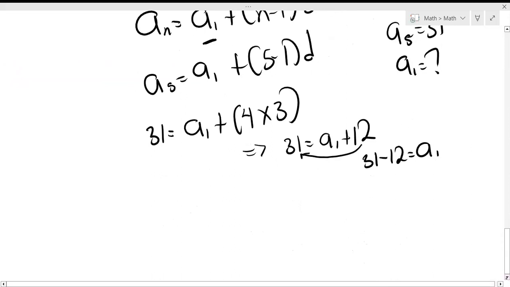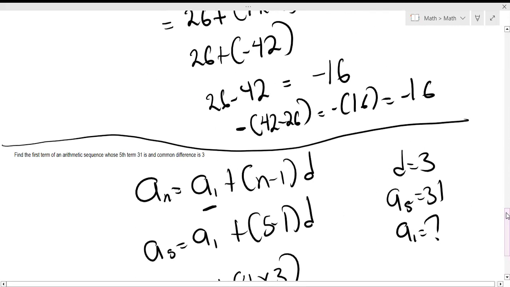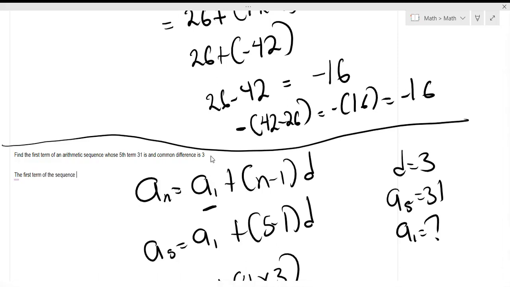So our a1 is equal to 19. The first term is 19. I'll write it down here: the first term of the AP or arithmetic sequence is 19.